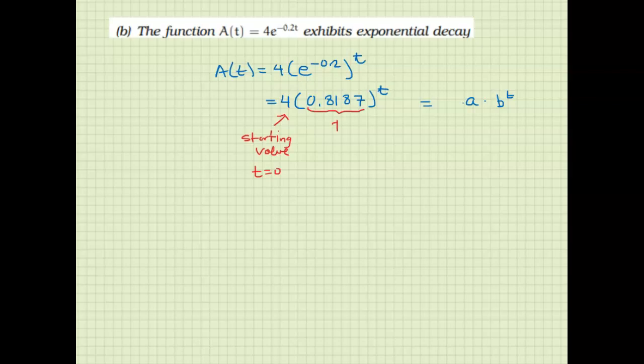This is what you're multiplying by each time. Okay, so according to this, the amount is decreasing because you're multiplying by a number that's less than 1, and for each time unit, you're going to have about 81.87% of what you had previously. Okay, so 81.87% of the previous amount.